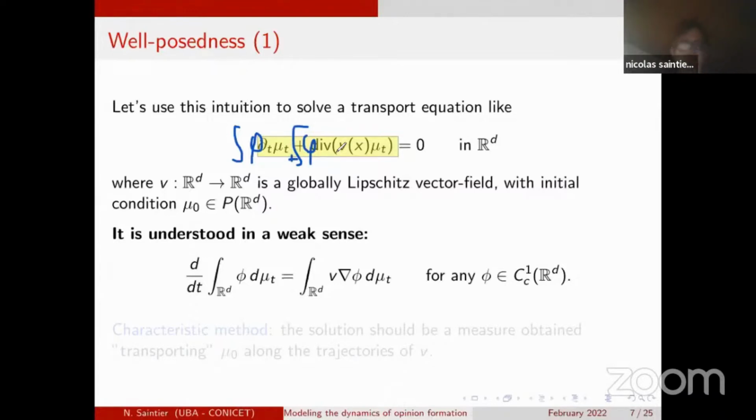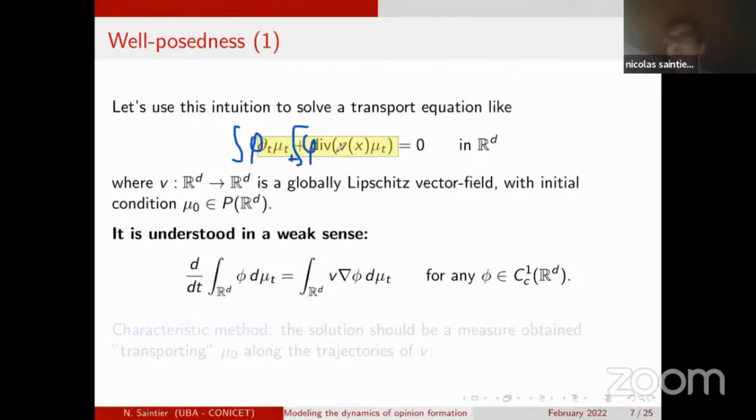So this is my definition of a solution, plus I will need to add later some kind of continuity of my solution with respect to time, because at the very least, I would like my solution to go towards the initial condition as time goes to 0. So I will need some kind of topology on the probability measures.